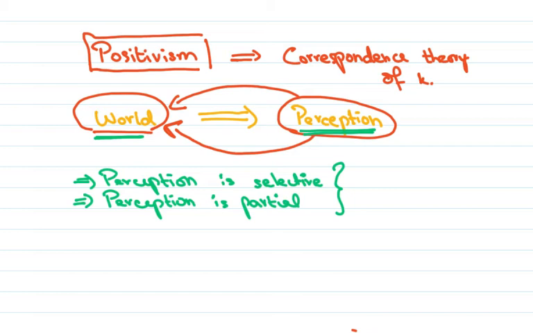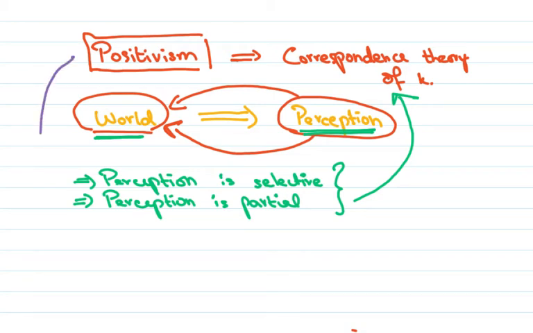So knowing this, we cannot be completely supportive of this particular epistemology, positivism, which posits that our perception of the world is a direct reflection of the world itself, and that our perception directly corresponds to what is out there in the world.